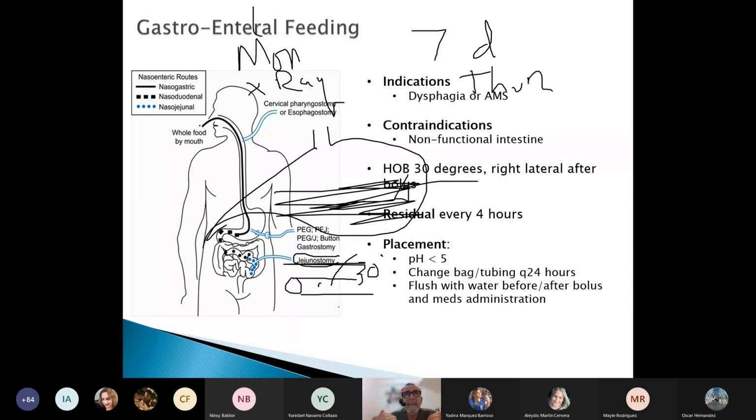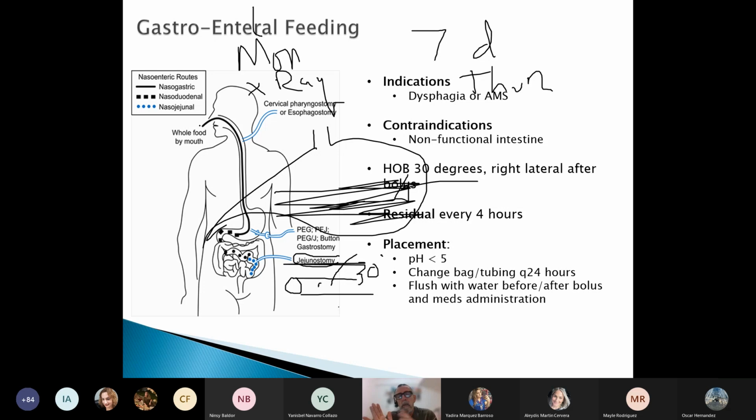If you do an X-ray every day, 3 to 4 times per day, the tube will be very safely localized, but the patient will develop leukemia because of the amount of radiation. You understand that you cannot do an X-ray each time the patient is going to be fed? Yes, Professor. So now you understand when the X-ray, when the pH.